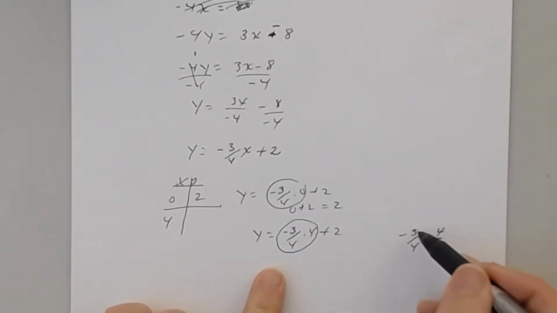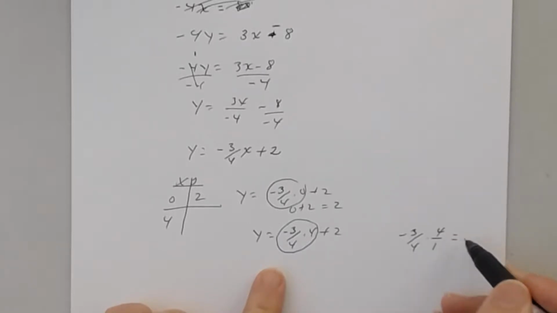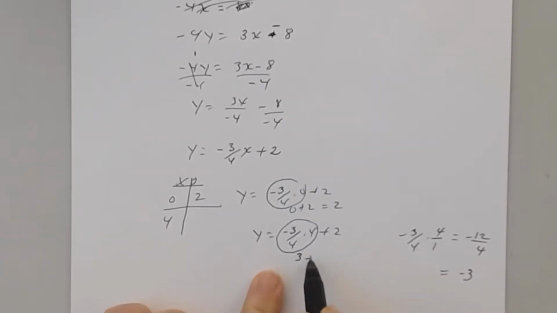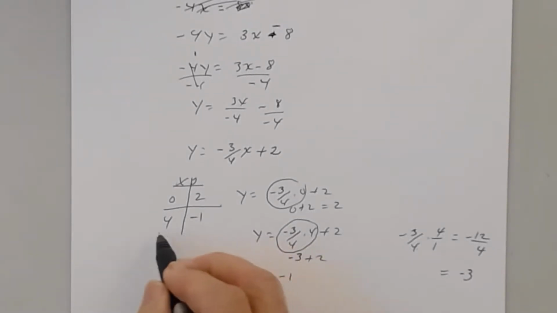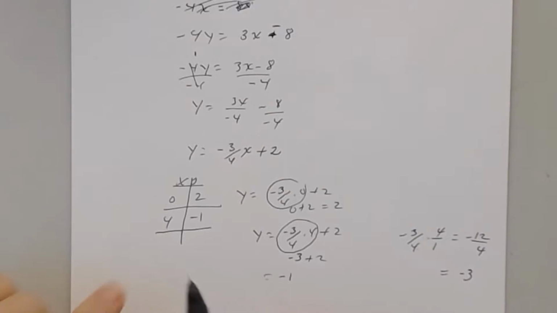If you multiply first, you say -3 times 4 over 4 times 1, and so you get -3. So that's -3 right here. But what's -3 plus 2? -3 plus 2 is -1. -1, not -5.